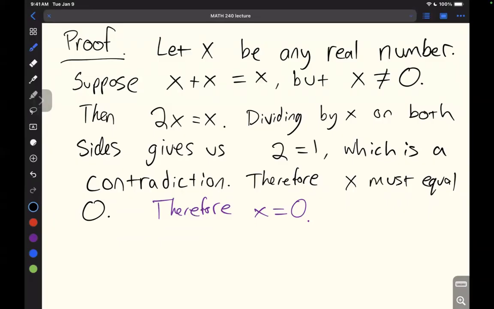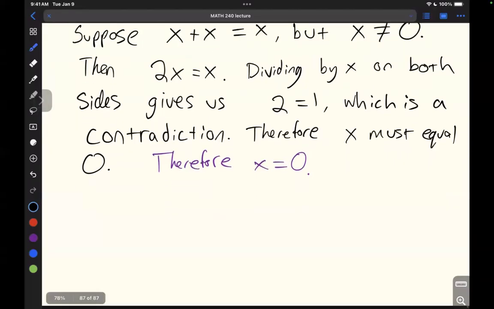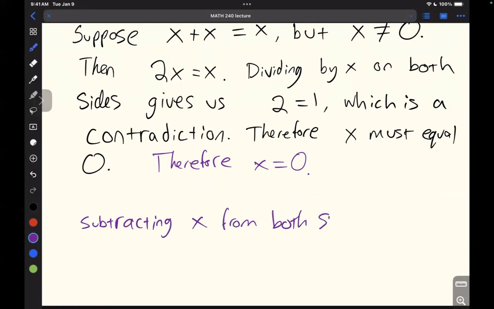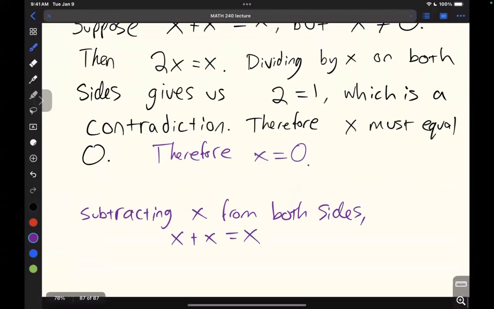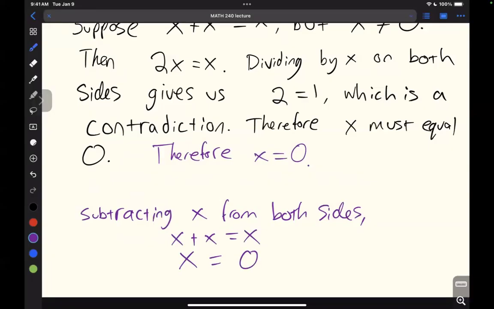The other way the book says is, instead of getting 2x equals x, you could have said subtracting x from both sides. We have x plus x equals x, and then we get minus x, so x equals 0.